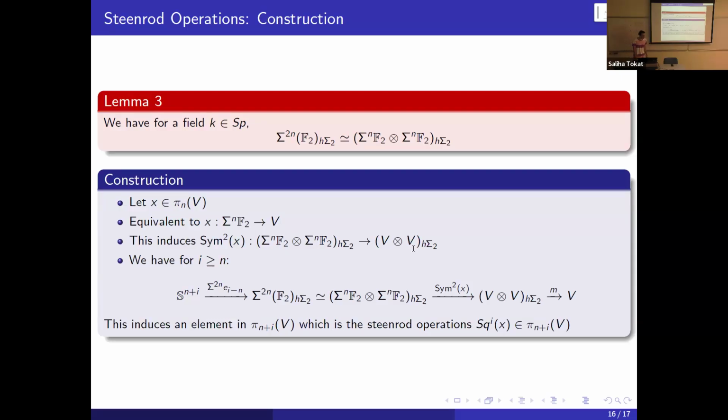And why are these Steenrod operations very useful? Because taking cohomology is commutative, but on the level of cochains it's not actually commutative, though it has a symmetric multiplication. So while going down to the level of cohomology, we actually lose structure.